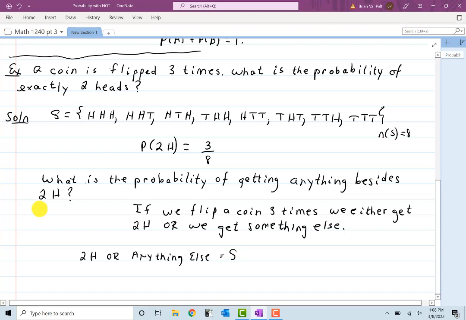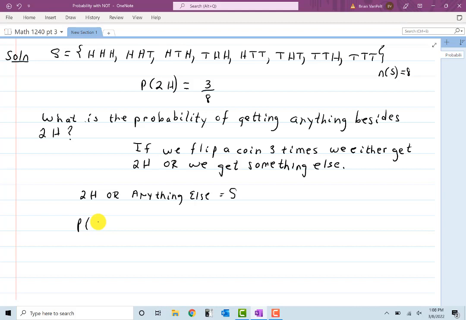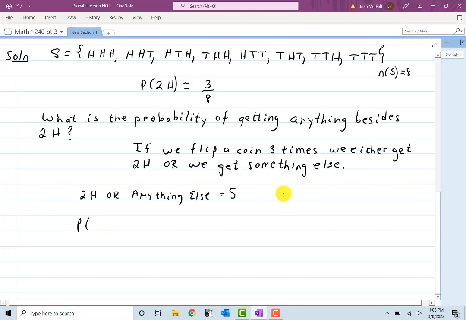So the same thing here. So when I take a look at the probability, and if I say 2H or anything else, I'm talking about things that are not 2H. That means that 2H and anything else, that's the empty set. So now I can apply my formula.